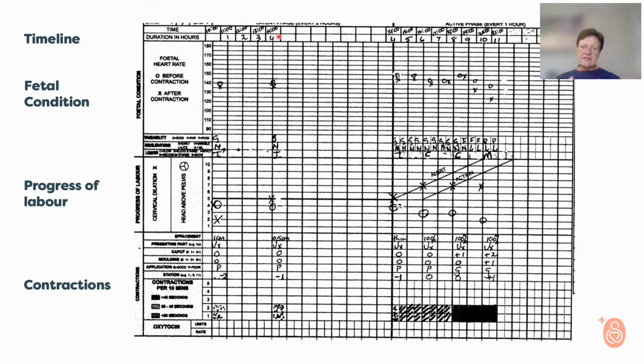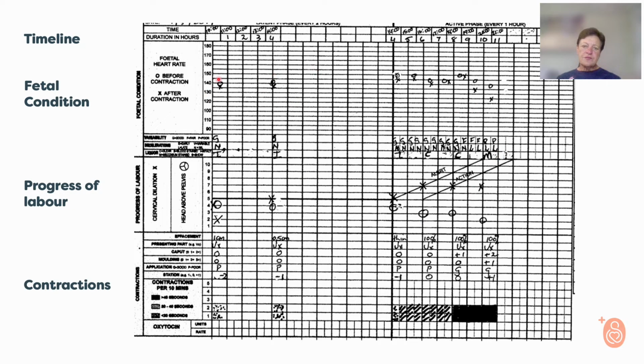On top you can see the timeline, the times that the patient has been observed. Here was 10 o'clock, here was 2 o'clock. Then she has been transferred to the active phase of labor, which we will come to in the next part of slides.